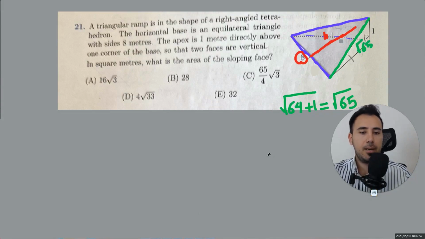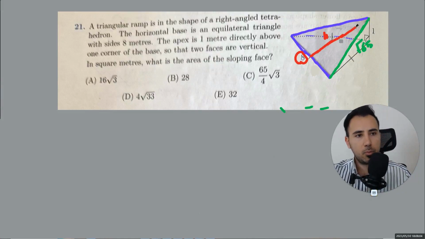Okay, now I want you to focus on this triangle in the middle with the h in there. This one is again the hypotenuse for this triangle.